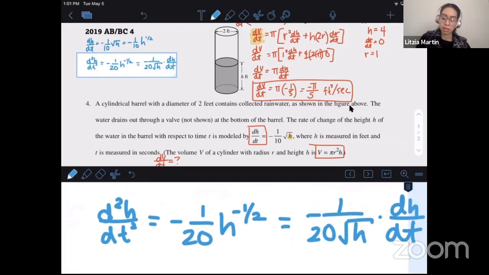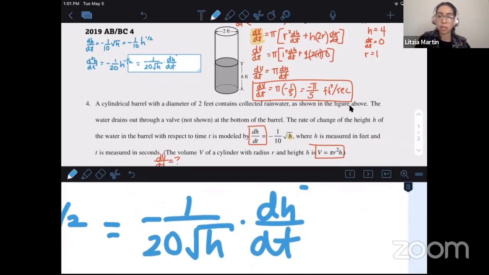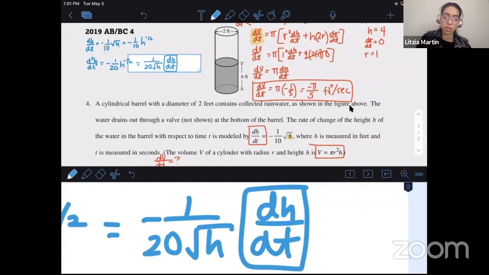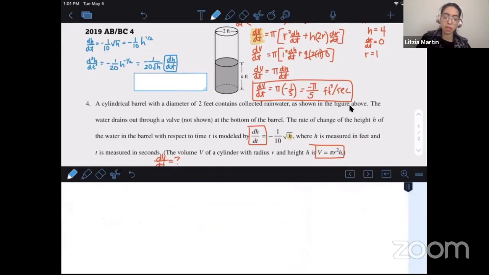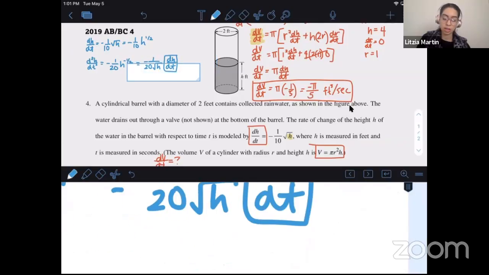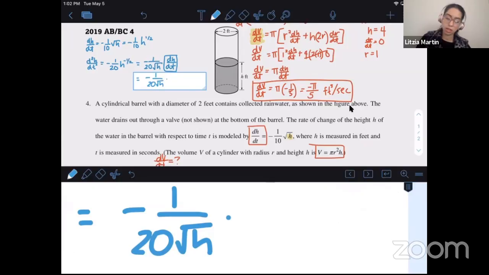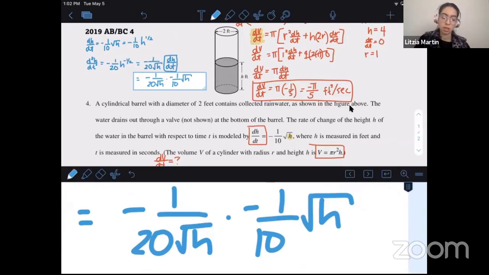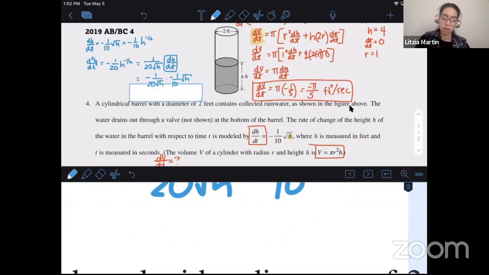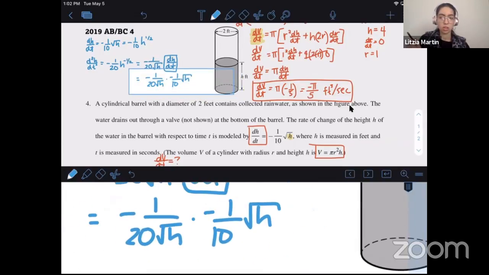However, we need to go back and see what dH over dt is equal to, right? So we can plug that in, and that's going to equal negative 1 over 20 root h times negative 1 over 10 times root h. That means our h's cancel out pretty nicely. Negatives become positive.